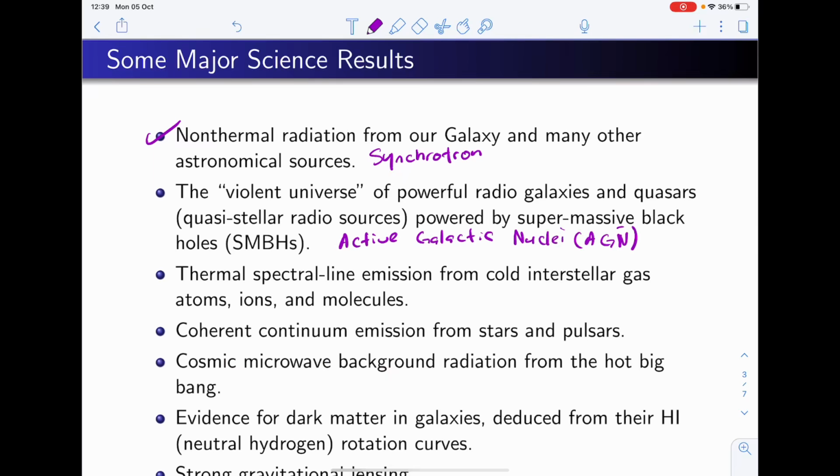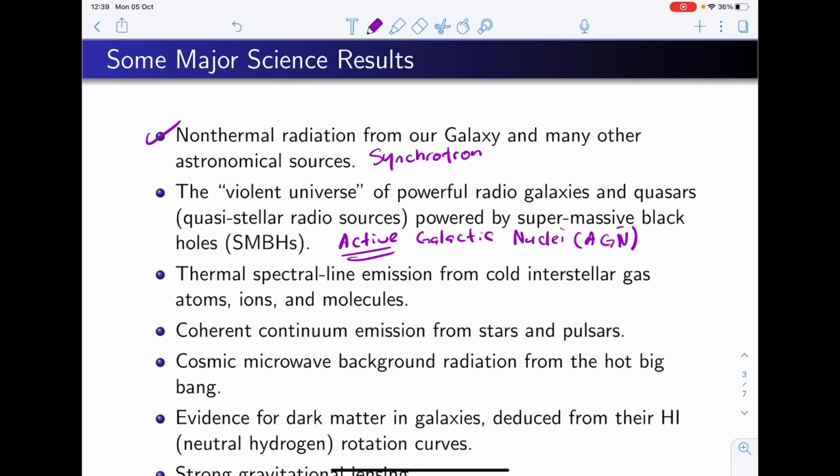About 2 years ago the EHT was able to make an image of a supermassive black hole, the one at the center of our galaxy, but ours is not active, right? Otherwise, I don't know what implications that would have for life in our galaxy.